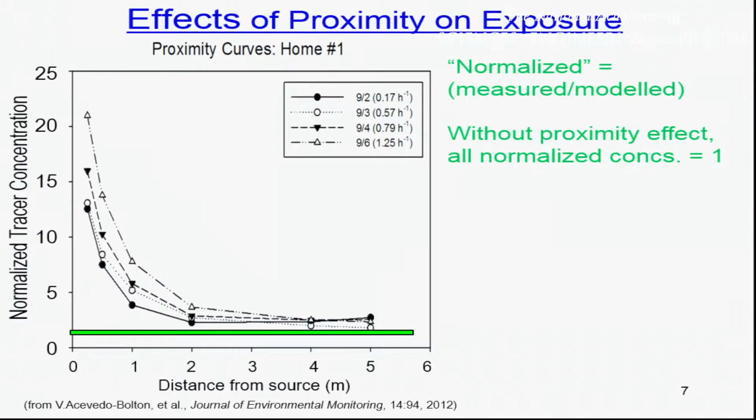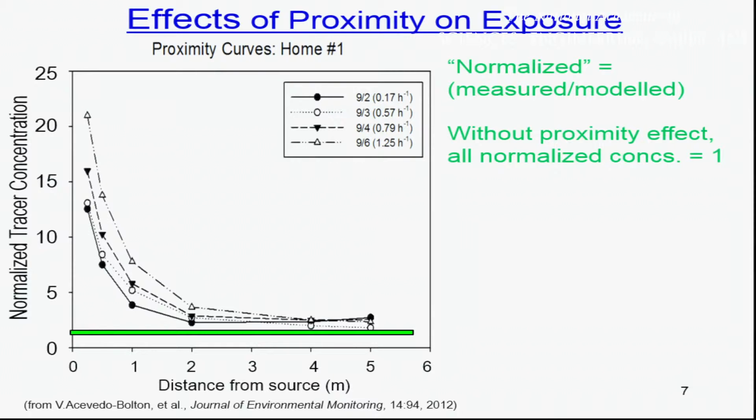This was a tracer study. And what the x-axis is showing is how far away you are from an active emission source. This particular tracer study was using carbon monoxide. And then what's plotted on the y-axis is a normalized concentration, where the measurement is divided by what you would have predicted if the room were well mixed.